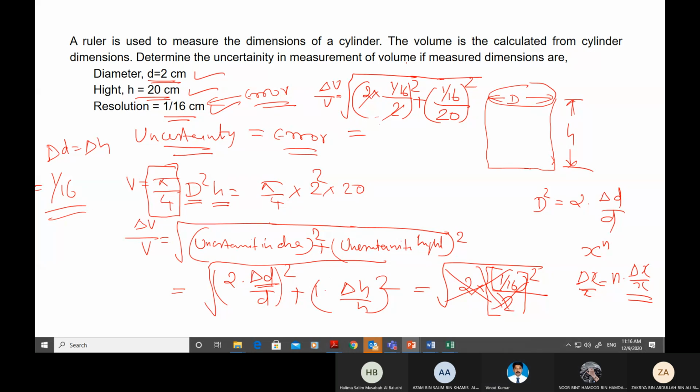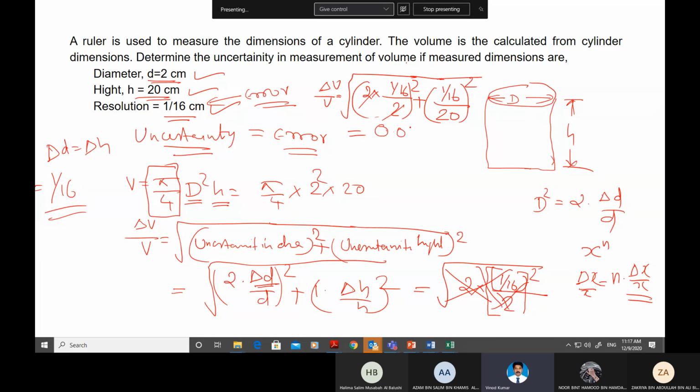3.9, doctor. Square root. If you take the square root of this, 0.06. Please confirm it. Another one? Can you please confirm it? 0.025.